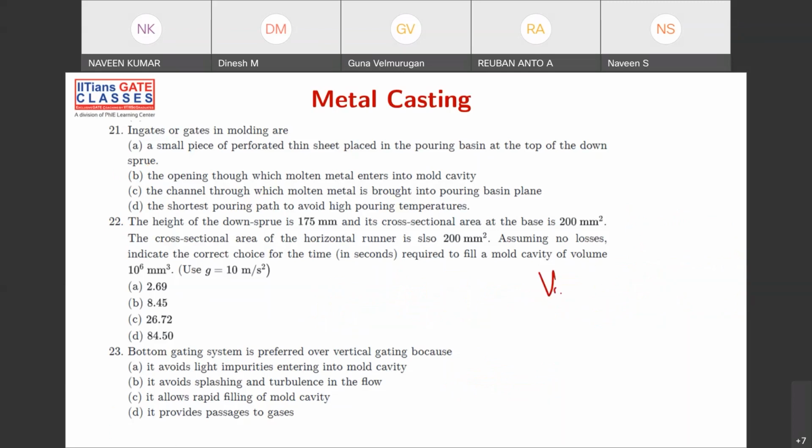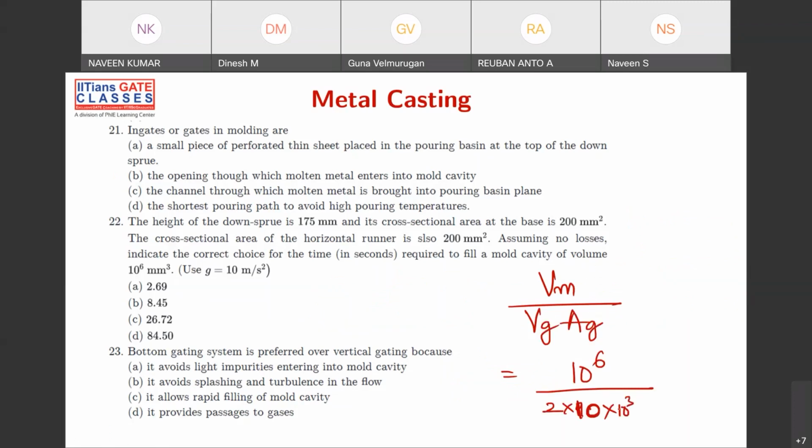It is volume of the mold divided by velocity of ingot into area of ingot. Tell me this answer. Volume is 10 to the power of 6 divided by under root 2 into 9.81 or you can say 10 meters per second into 10 to the power of 3. Why?